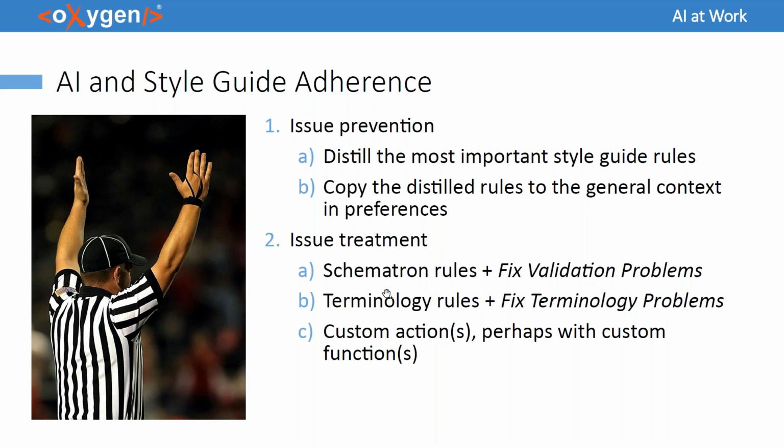We have seen that in action earlier. Additionally, you can write some terminology rules and use the fix terminology problems action. Or if you still feel the need for something extra, you can, of course, define your custom actions, perhaps using some custom functions.